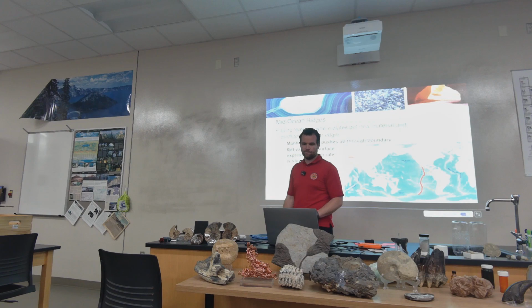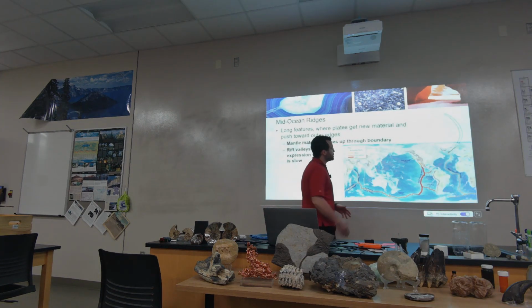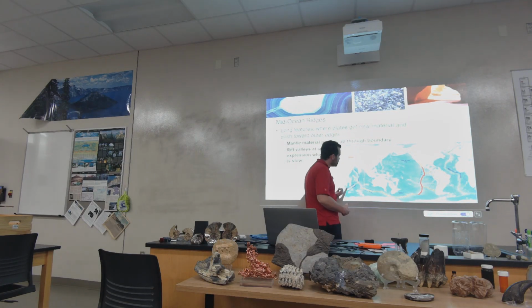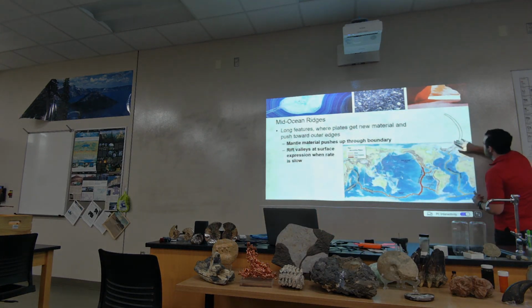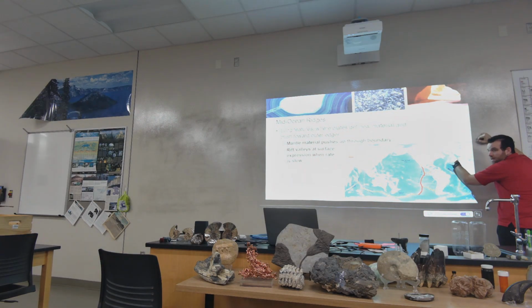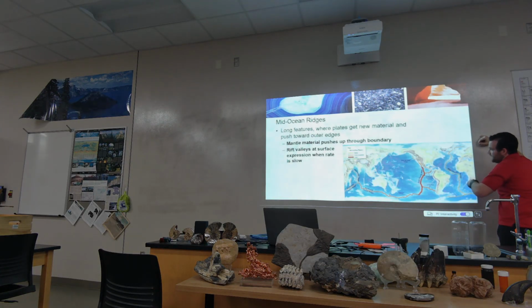Okay? So our mid-ocean ridges are where plates are splitting apart from each other. And each one of these lines here represents one of those mid-ocean ridges. Here is the mid-Atlantic ridge. The one that I showed you goes through Iceland. It slices Iceland in half. I showed you those pictures of me hanging out inside of the mid-Atlantic ridge right at the beginning of the class.